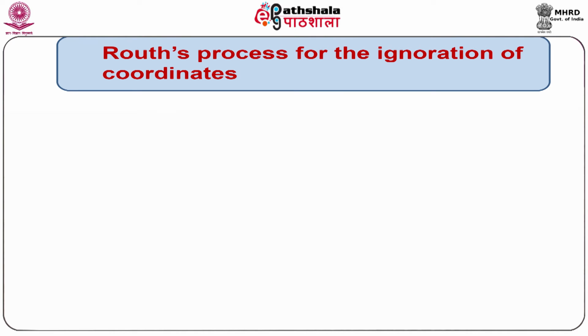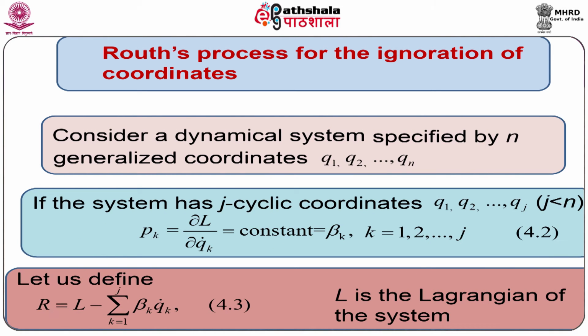Now we shall discuss Routh's process for the ignoration of coordinates. For this, we consider a dynamical system with n degrees of freedom, that is, a dynamical system containing a number of particles and specified by n generalized coordinates q1, q2 up to qn.